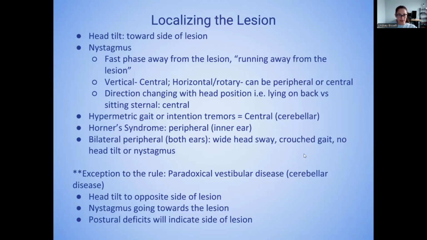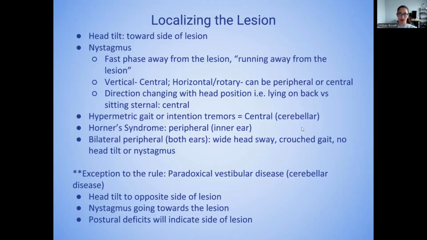Other things that we can use to differentiate for a cerebellar lesion: you can see a hypermetric gait, so very exaggerated steps, or intention tremors, which means when they're at baseline they will have a very mild tremor, but as they try to move, they start to tremor more and more.